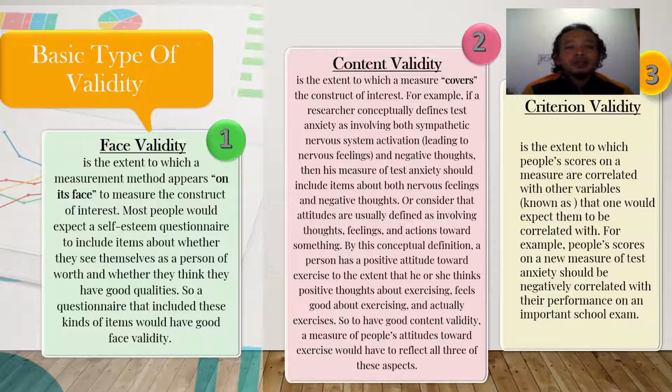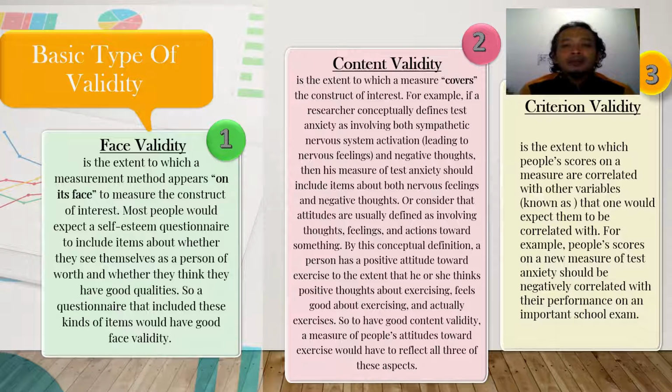Second, about basic types of validity, what we call content validity. It is the extent to which a measure covers the construct of interest.